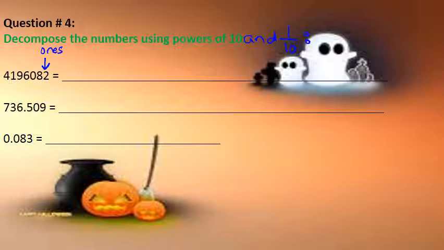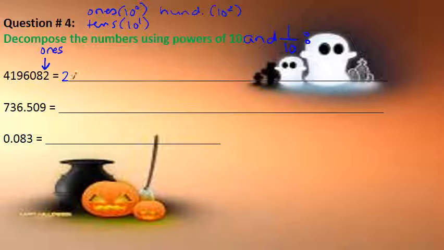In decomposition or writing a number in expanded form, we should multiply each number according to the power of 10 that represents the unit. Always the ones is represented by the power of 10, 10 to the power 0. The tens is represented by 10 to the power 1. The hundreds is represented by 10 squared, and so on.